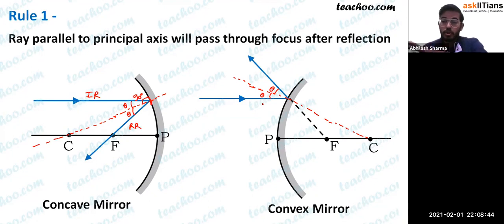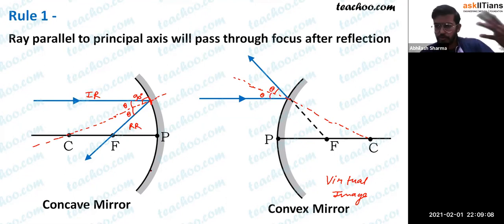Remember, in convex, the rays are not meeting at the focus. Rather, they just appear to be meeting at the focus. So you must by now have an idea that in a convex mirror, a virtual image is formed. Because that's what I told you about a virtual image. It appears to be forming there. In reality, it's not. And in concave, later on we'll see that it can form both real and virtual.